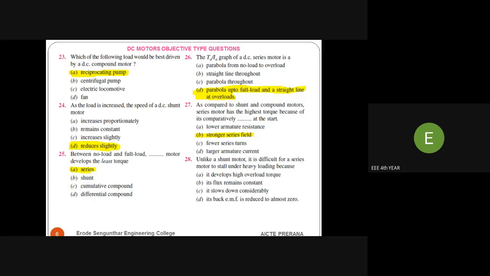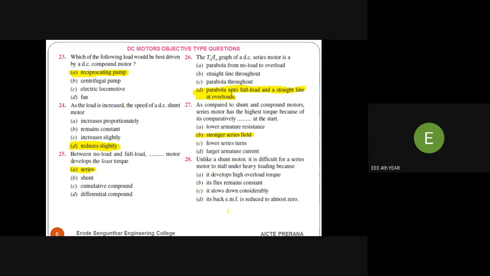Question number 28. Unlike a shunt motor, it is difficult for a DC series motor to stall under heavy loading because: option A, it develops high overload torque. Option B, its flux remains constant. Option C, it slows down considerably.